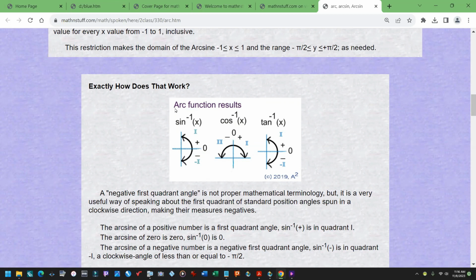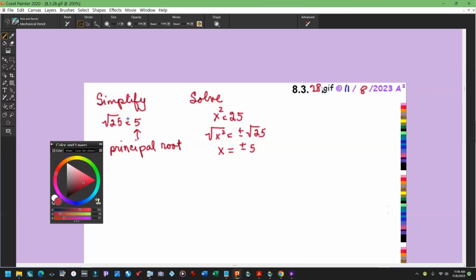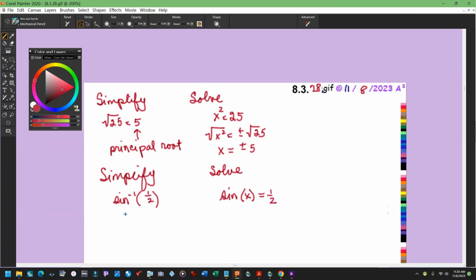Just as when you had a square root, let's just put that in the notes. When you simplify, you take the principal root. When you solve, you take all roots. When you simplify, you take the principal root. You're really doing what's called the arc sine function.